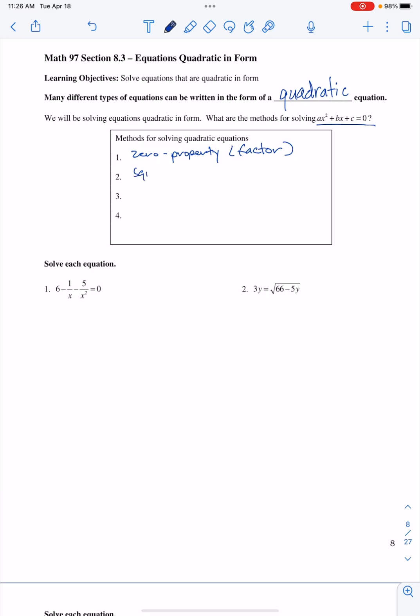We did the square root property. We did complete the square. And we learned the quadratic formula.